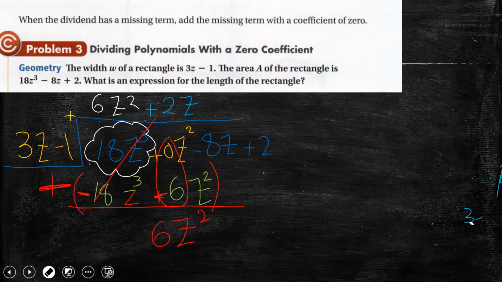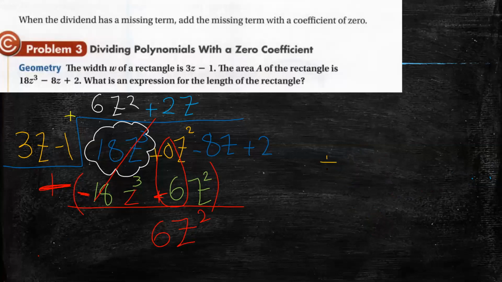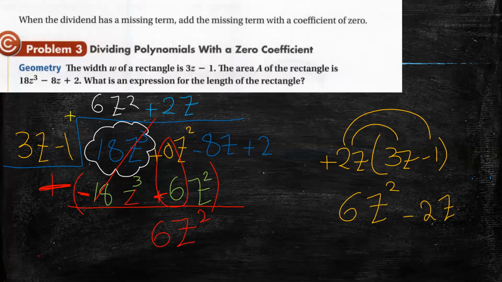Then this 2z here, you have to multiply it by the whole divisor. So negative. Now positive 2z times 3z minus 1. Let's multiply now the first term by each term here. So we have 6z squared minus 2z. Right, 6z squared minus 2z.